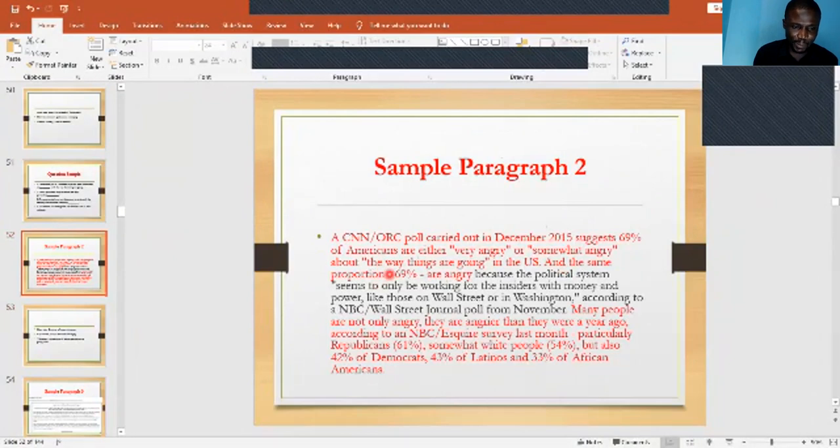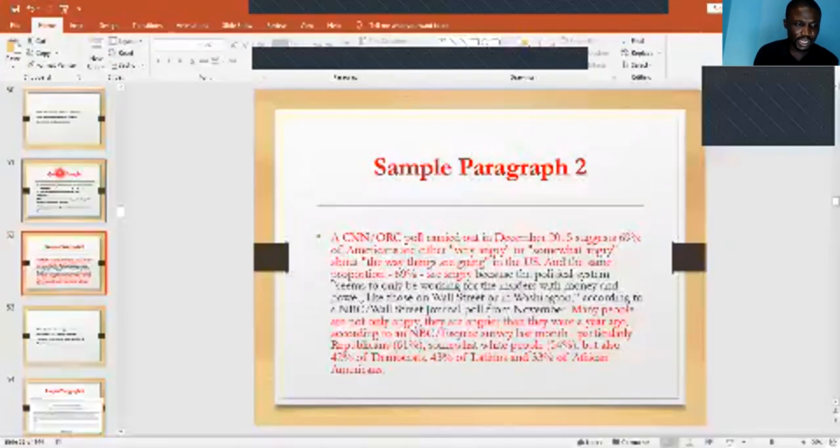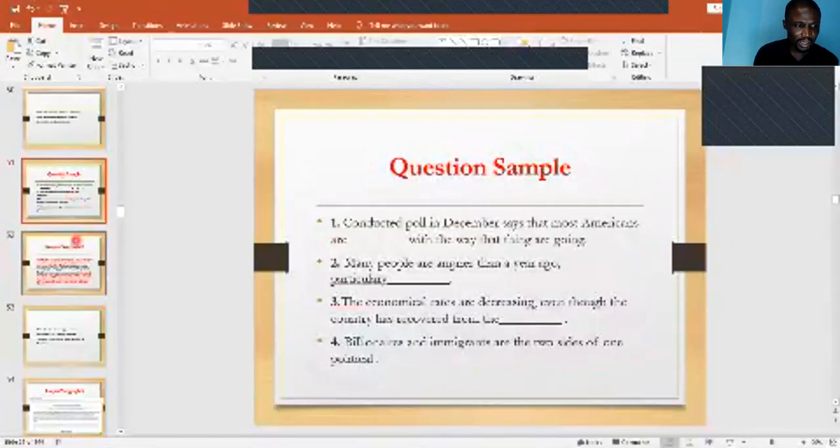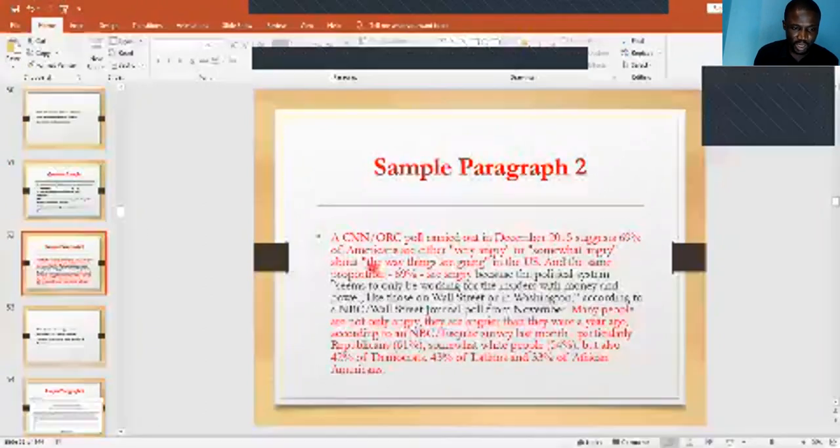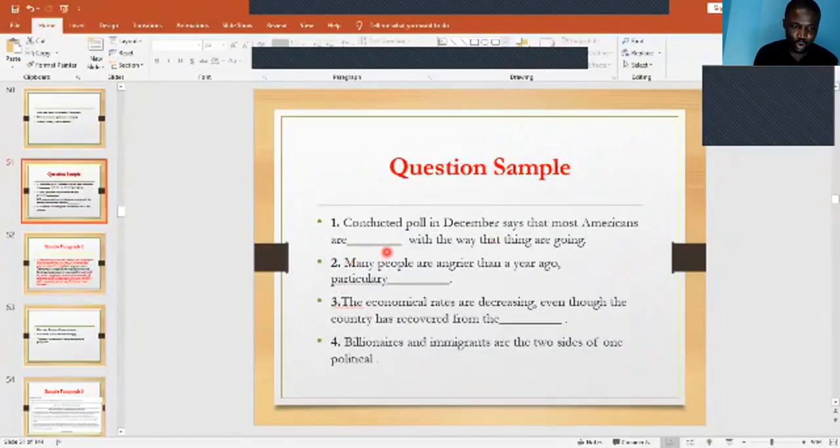It says the same proportion are angry because, okay, now let's go back. We are looking for the way things are going. Okay, this is the way things are going. So it is not in the second statement. I thought it was in the second statement. Okay, they are angry with the way things are going. So angry is the answer to this place.